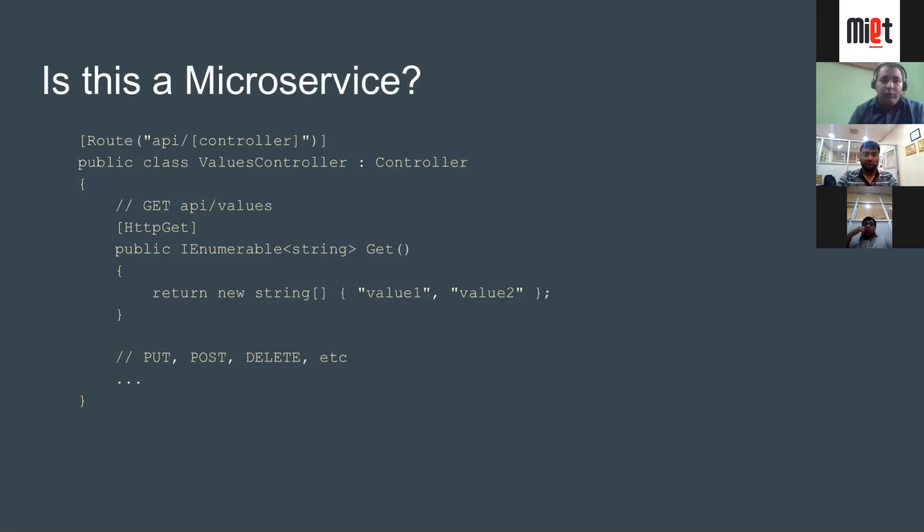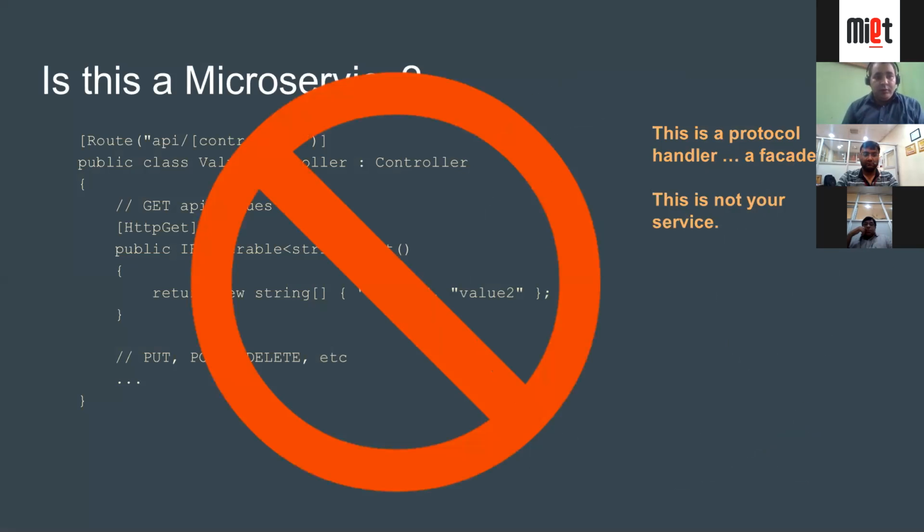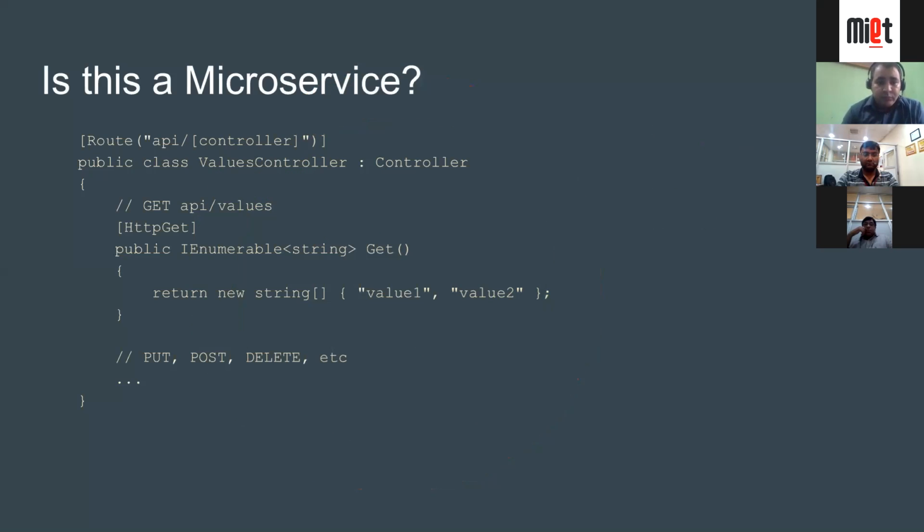Now I will move to the second one. How will you call a service a microservice? If you work on APIs, there is a basic structure to define an API.